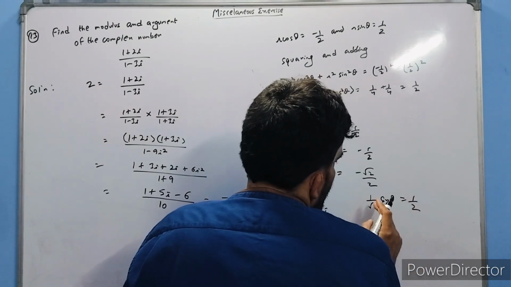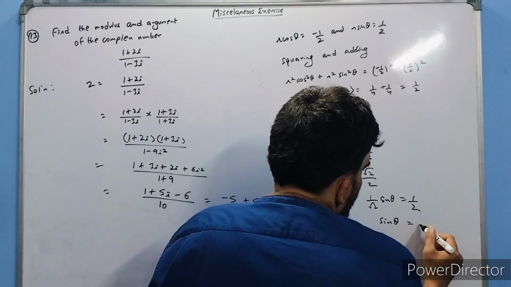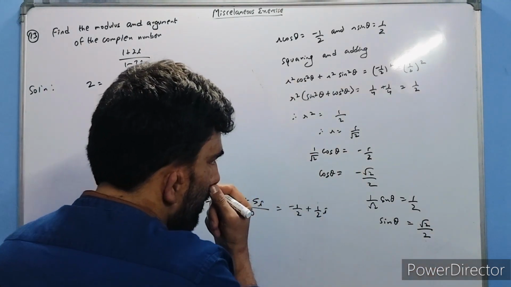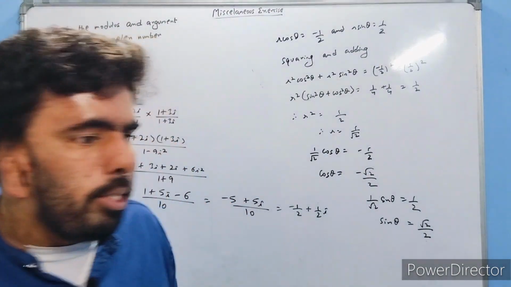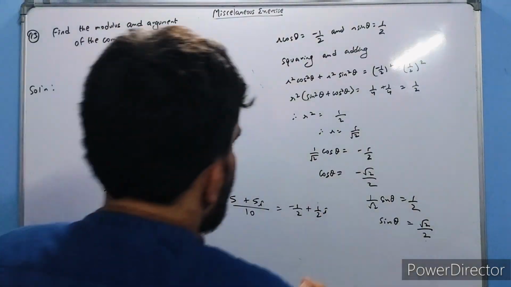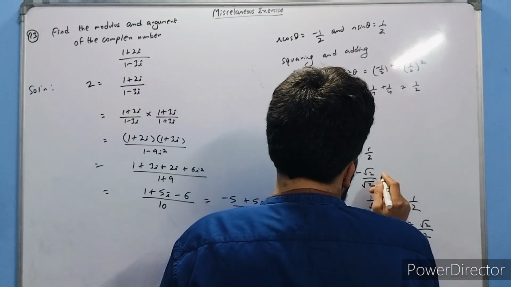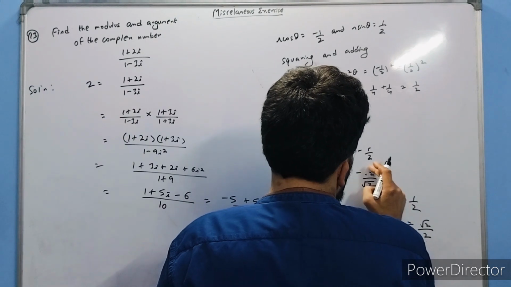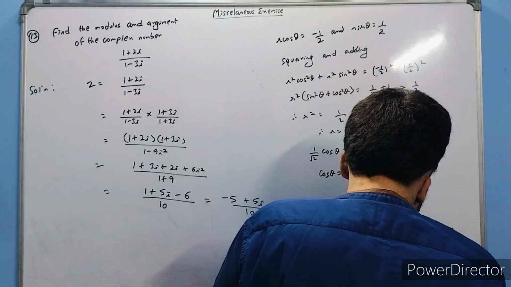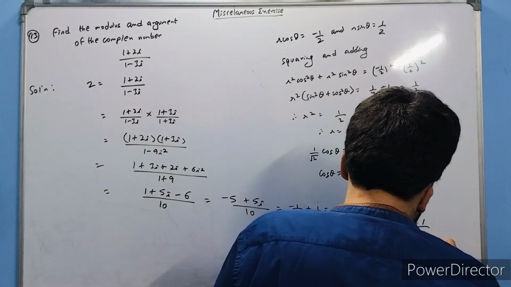So we will solve this and get sin theta is equal to root 2 upon 2. So now what we got here is cos theta is minus 1 upon root 2, and sin theta is 1 upon root 2.